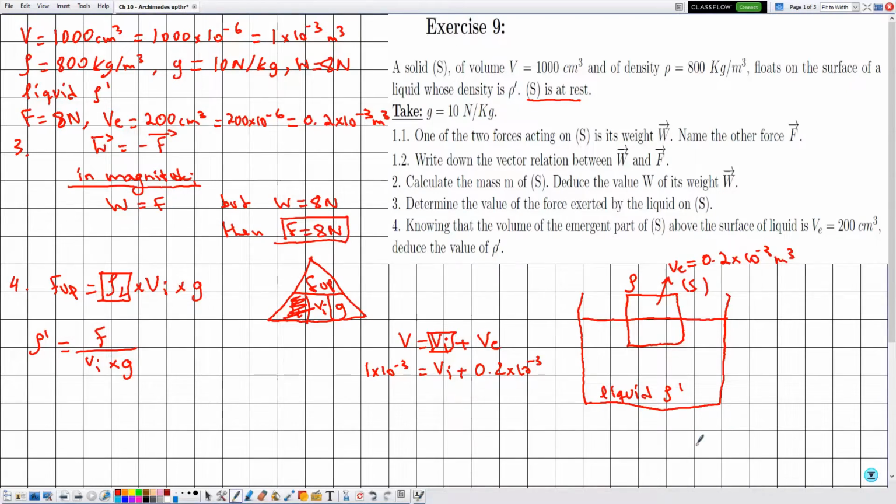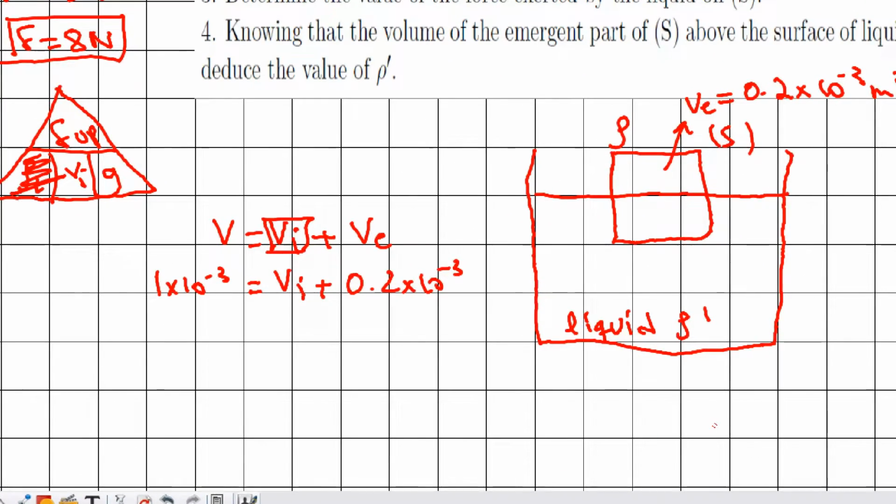And here let me say the following: when I calculated the volume of the emergent part, I expressed it as 0.2 times 10 to the power minus 3 meter cube. Although on the calculator, when we plug in the value of VE, which is 200 centimeter cube, the calculator will give the volume VE in the form 2 times 10 to the power minus 4 meter cube.